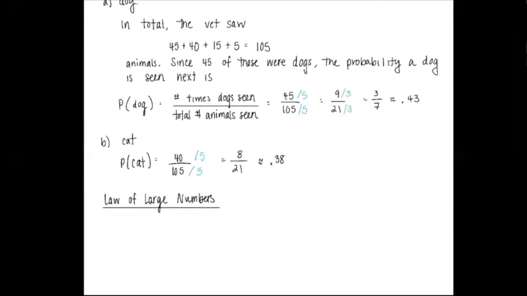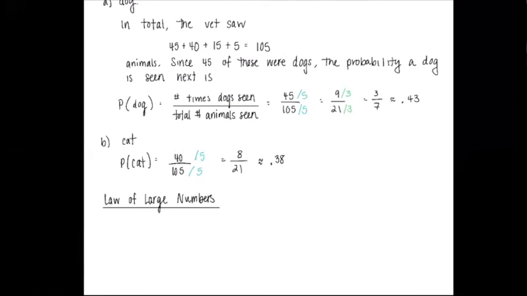It very well could be that I get a 5 on 4 of the rolls. So this law of large numbers tells you if I were to perform this experiment millions and millions of times, that's when I'm going to see an equal number of everything. So these probabilities really only apply when you're doing a lot of experiments.